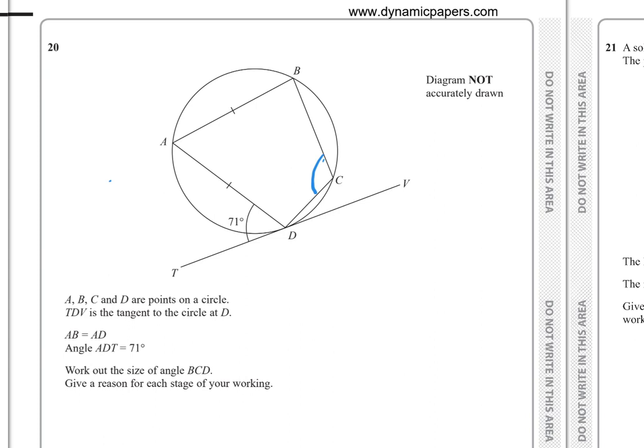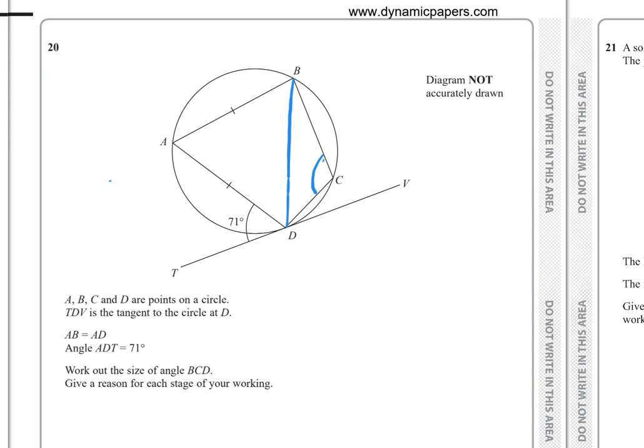We can find angle BCD if we find angle A. And to find angle A, join BD. So if we join BD, now this angle between the tangent and the chord equals the circumference angle opposite to the chord from the other side.